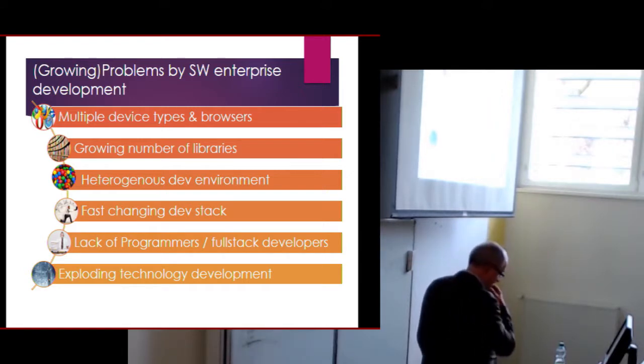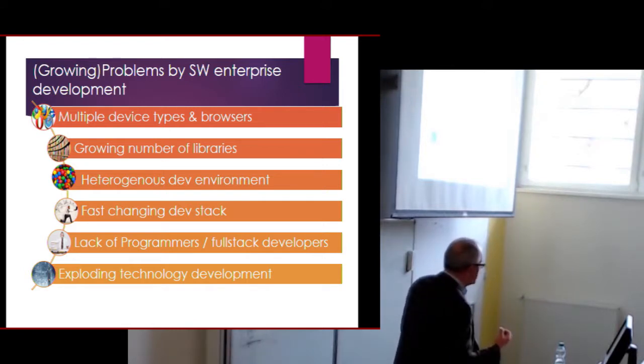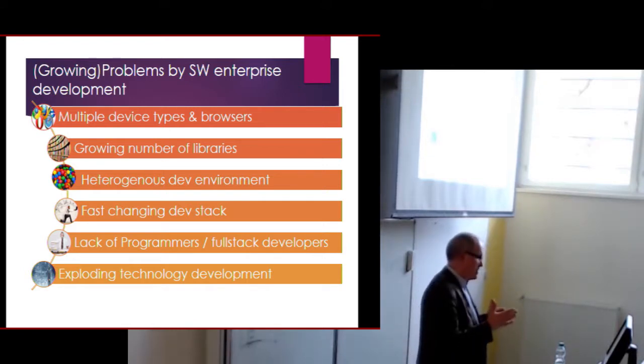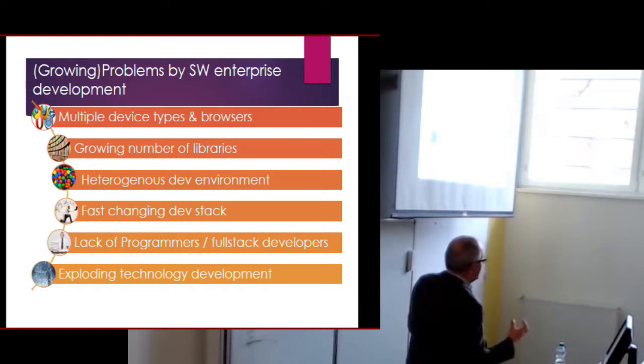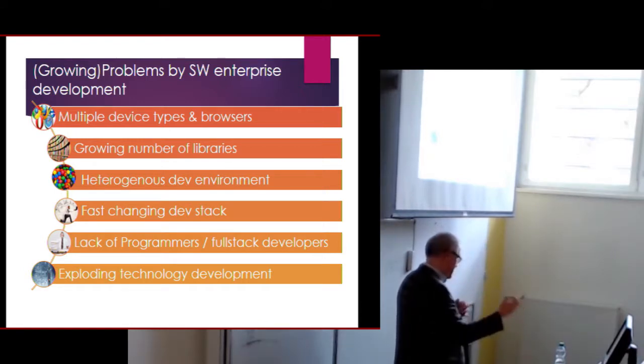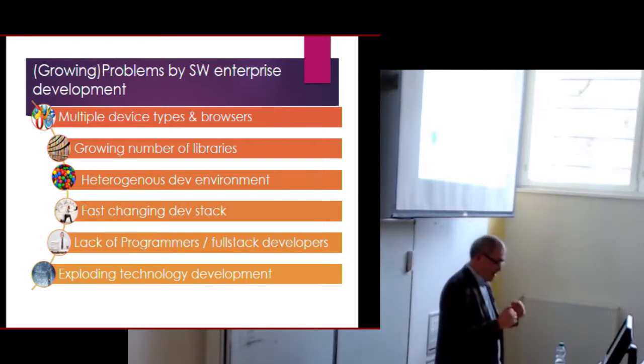Growing number of libraries. If you start with real JavaScript programming, you will hit the JavaScript ecosystem, which is built on Node.js. Node.js is a server built in JavaScript, and this ecosystem delivers many libraries which help you create a really good system.